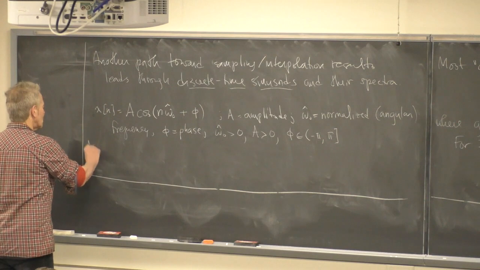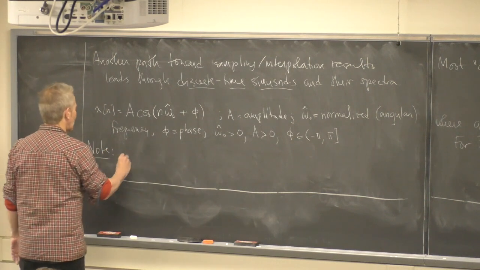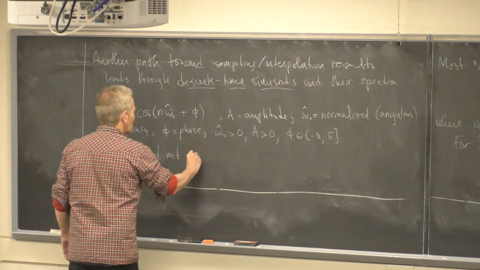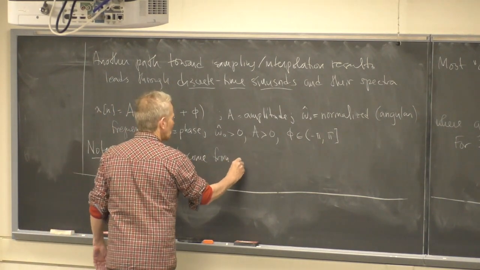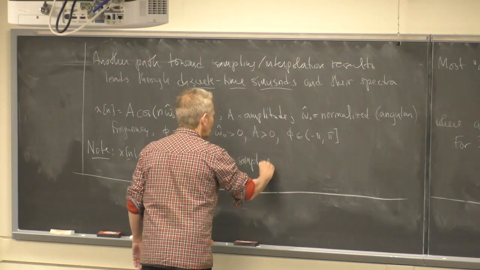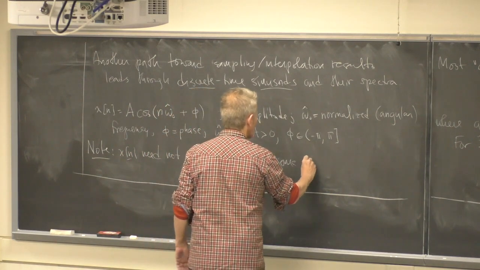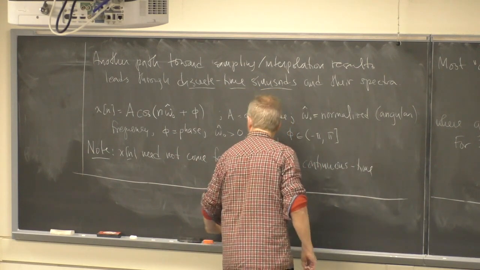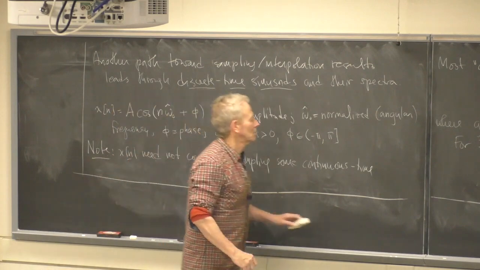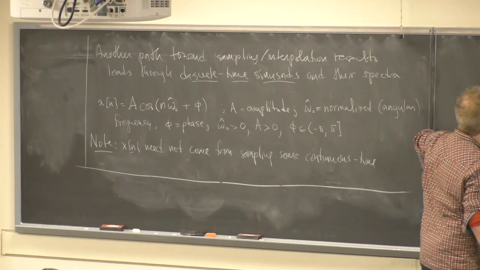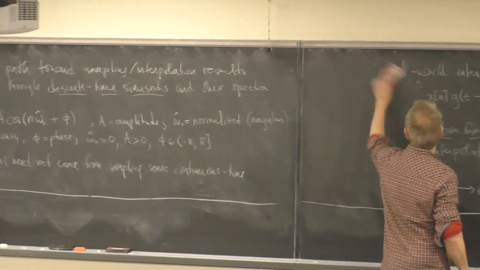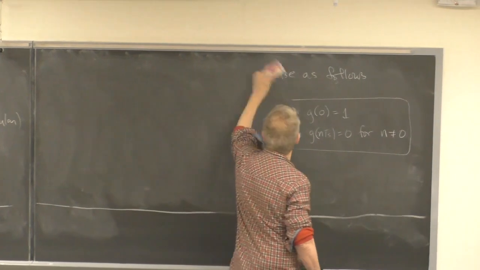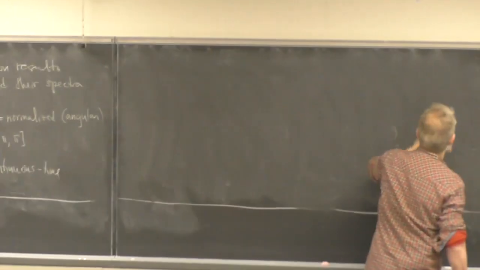So let me just note that x of n need not come from sampling some original continuous time sinusoid, although it might. It's a thing unto itself.